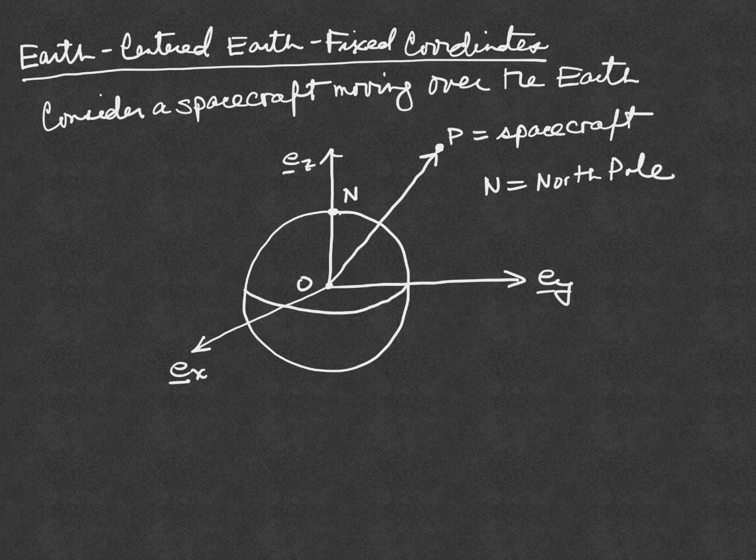The circle that I've drawn in the middle is the equator of the Earth. If I take the great circle going from N and passing through the equator, that great circle intersects at the bottom this point, which will be denoted S. S is the South Pole.